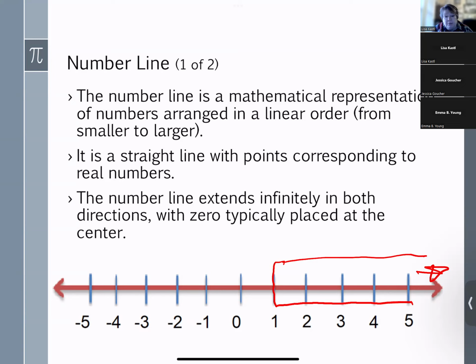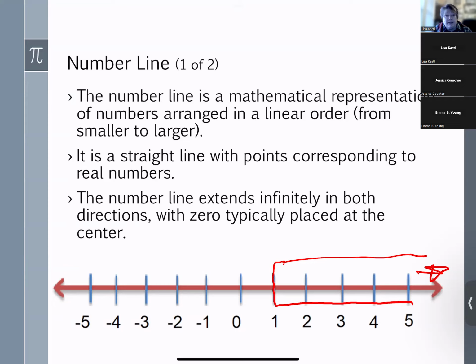I can see from my number line that 3 is bigger than 2 because 3 is to the right of 2, so we're in numerical order. So 4 is bigger than 1 because 4 is to the right of 1 on the number line, and that is how order works. If the number is to the right of the other number, it's greater than that number. If it's to the left, it's less than.